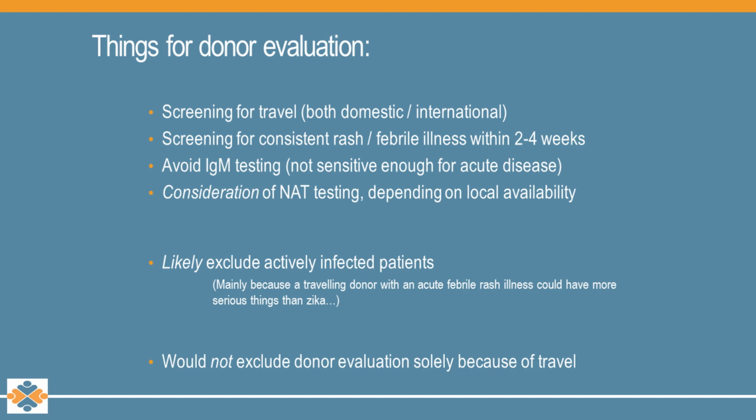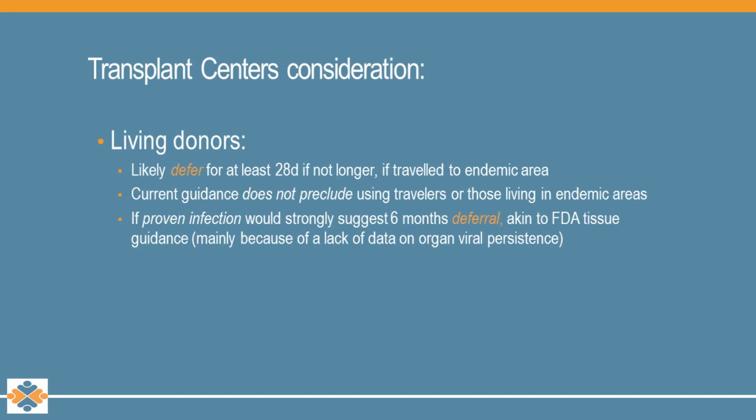If you believe someone is acutely infected, all the recommendations currently would say that's probably not a wise donor to take, even though I'm not giving a bad picture of the kinds of infections that Zika can create in our recipients. Safety would say that we still have to be pretty cautious, although I certainly wouldn't extend to the level of excluding donors purely on the basis of their travel.